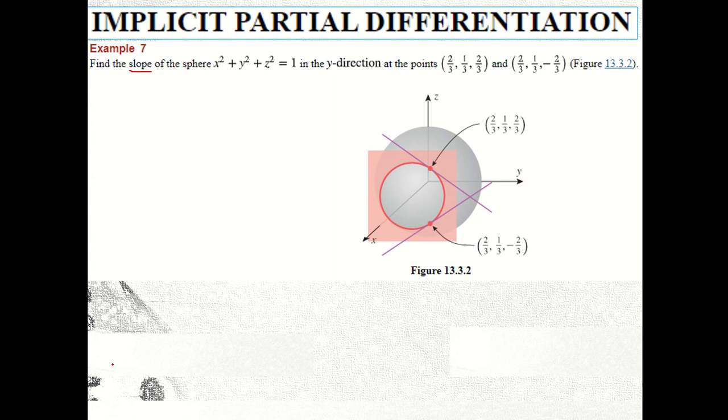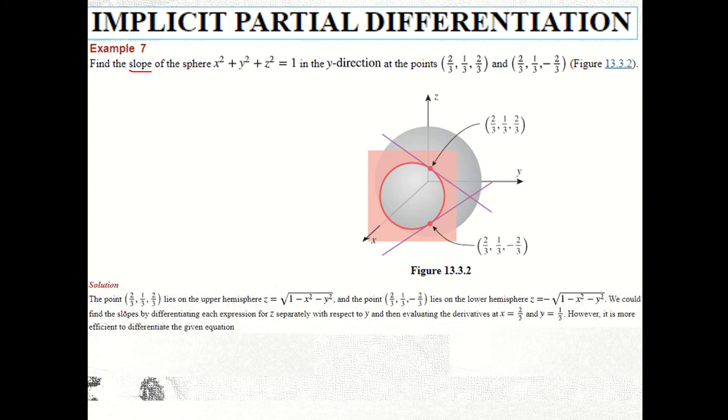So this particular point, with these coordinates, lies on the upper hemisphere of the given sphere.